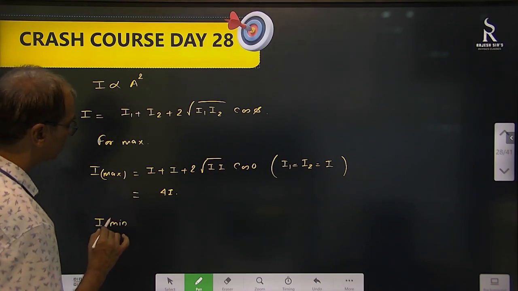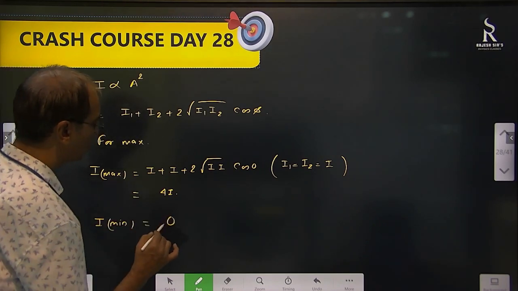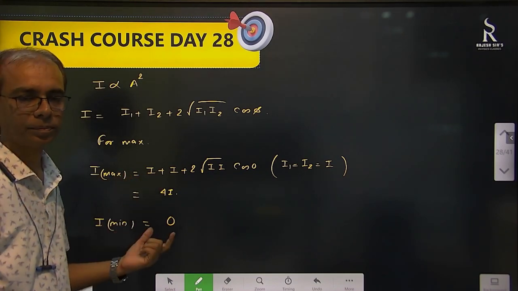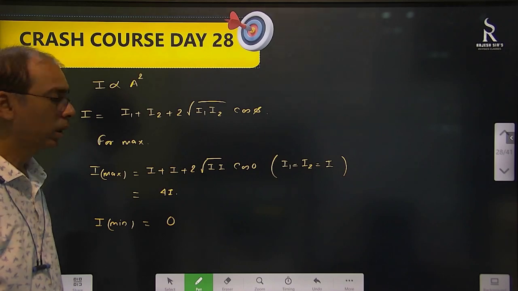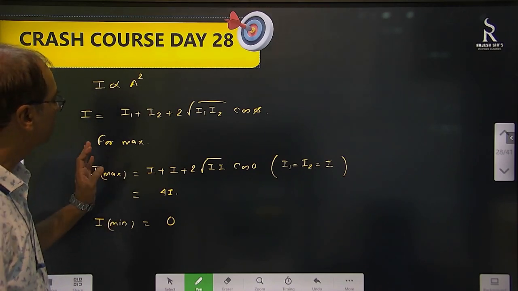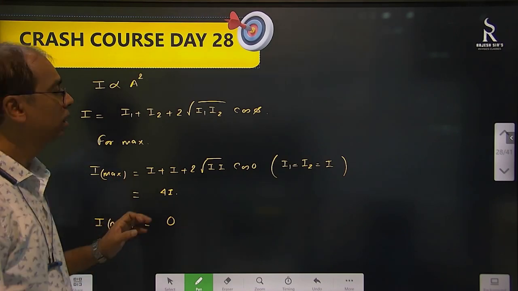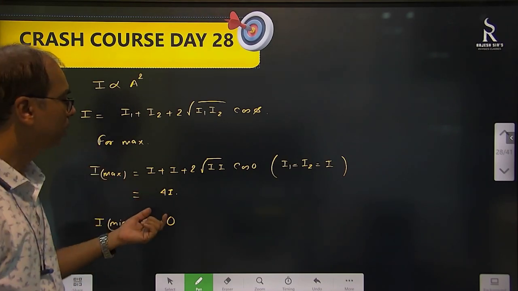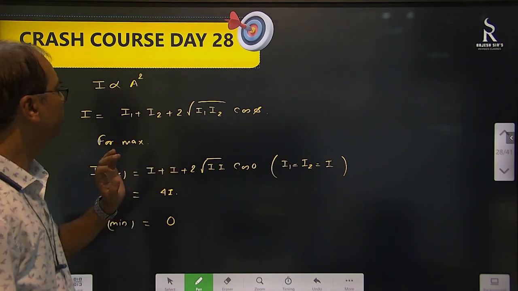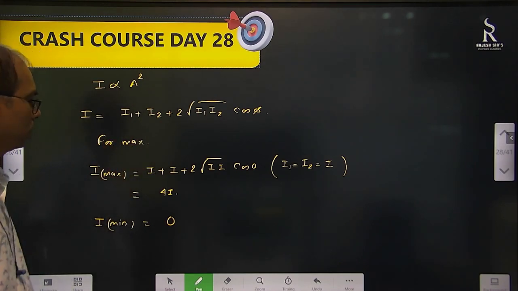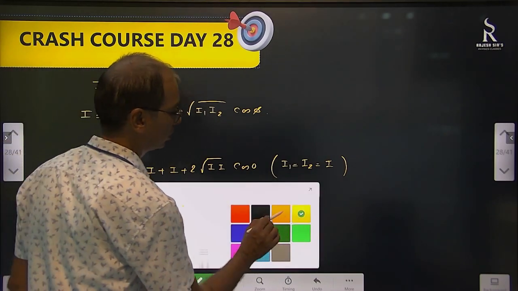In most questions, we take intensity of the two sources as same, and that is I. So one source is there whose intensity is I, another source is there whose intensity is I. Maximum intensity possible is 4I. If it is I1, I2, then what will the maximum intensity be? First we will write this here.